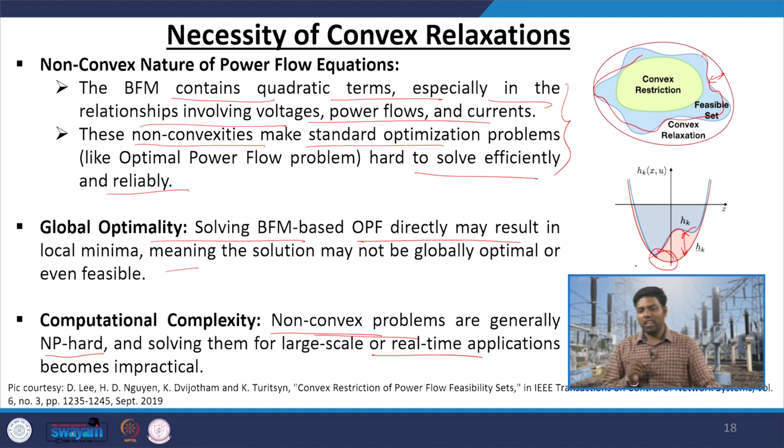You will not get the exact global optimality, but at least the proximity of the global optimality. If you can reach that, then your solution will be considered a good solution, and the solution time will also reduce significantly. So, we will continue with this convex relaxation process in our next class.